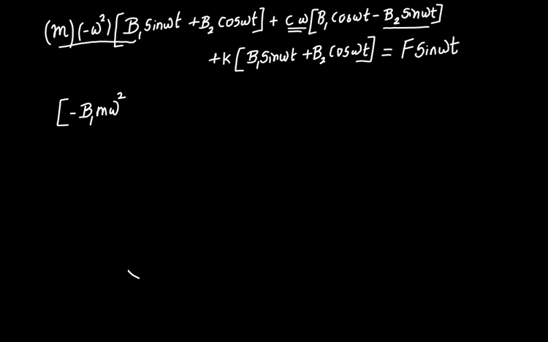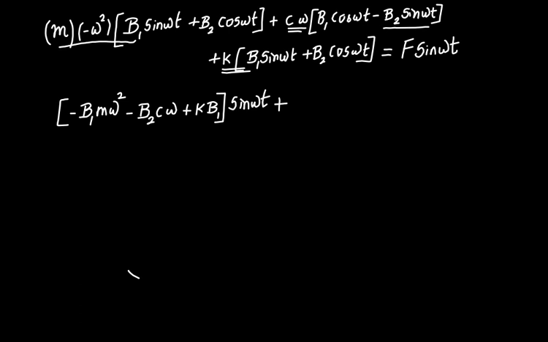So it's going to be minus b2 into c omega. And I have one more sine term here, that is k into b1, so it's going to be plus k into b1. So sine omega t is taken common outside for all these terms.